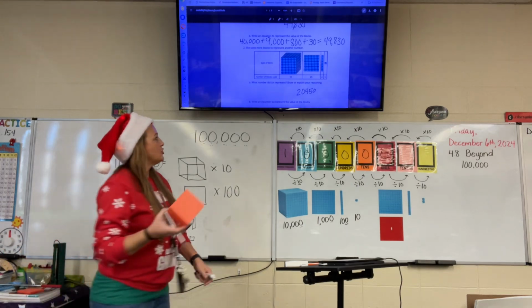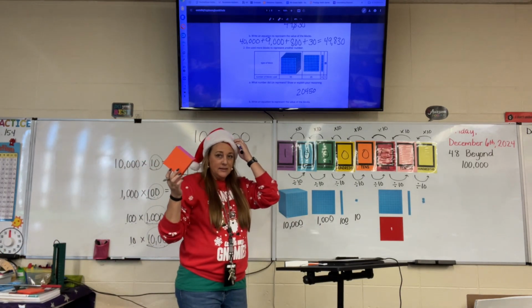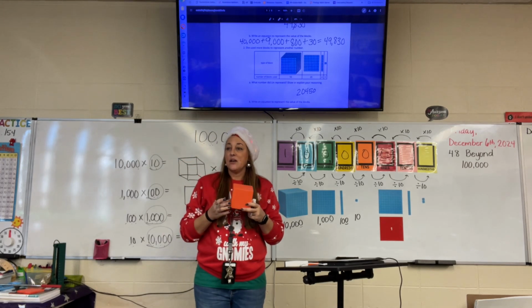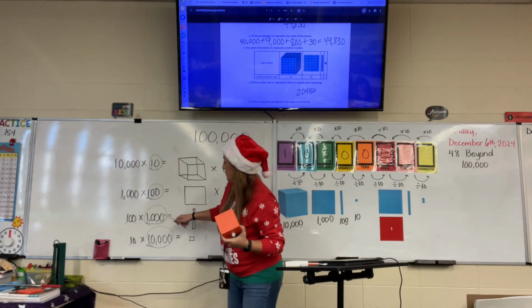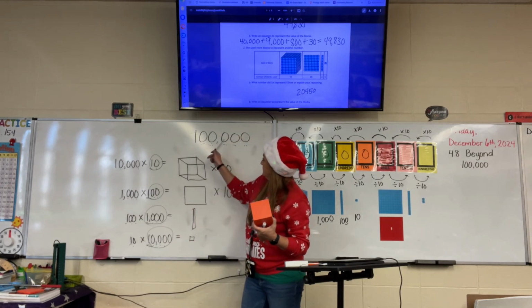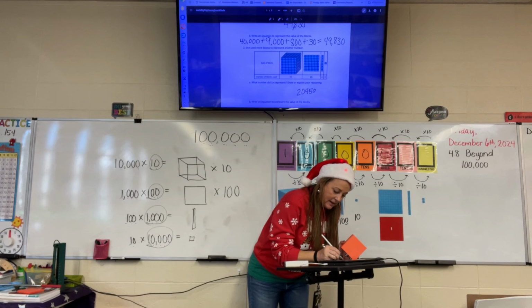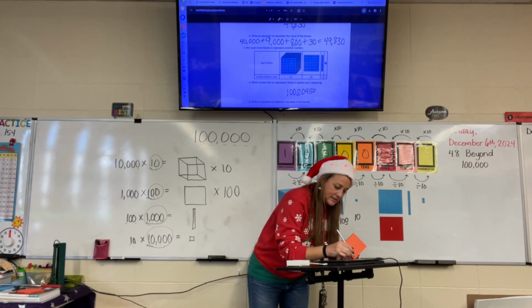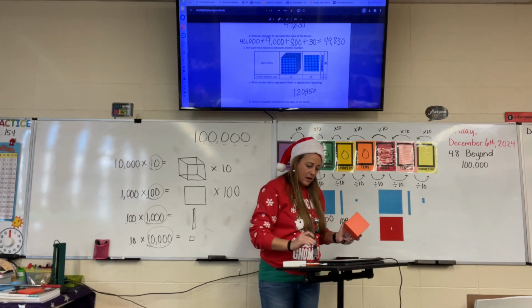And then she has 10 of these 10,000s. On the previous page, we figured out that 10 10,000s equal 100,000. And I don't need to write 100 because I was already in the 100,000s place. So I'm going to put that right there and then stick in my comma.